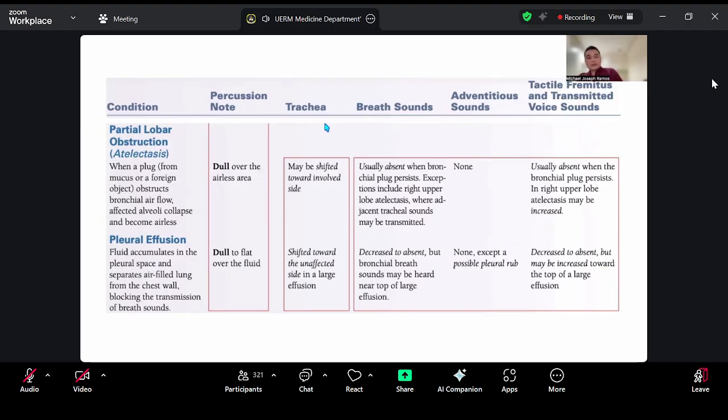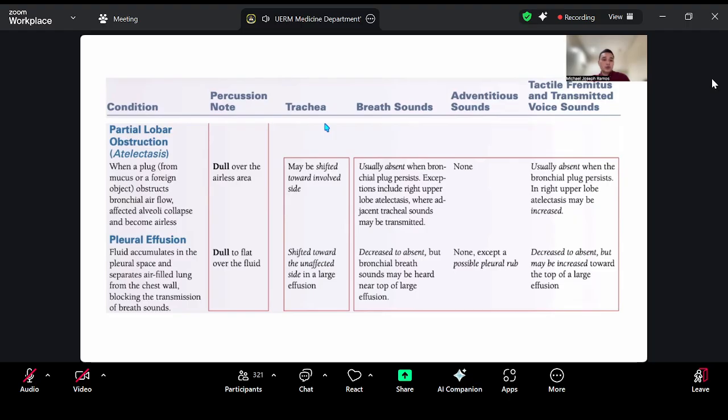On the other hand, in atelectasis with a complete lobar obstruction, there is now the absence of proximal airflow towards the affected or collapsed lung. But there is still dullness on percussion, but because of the impedance of sound, there is now decreased fremitus, decreased breath sounds, and decreased voice transmission.